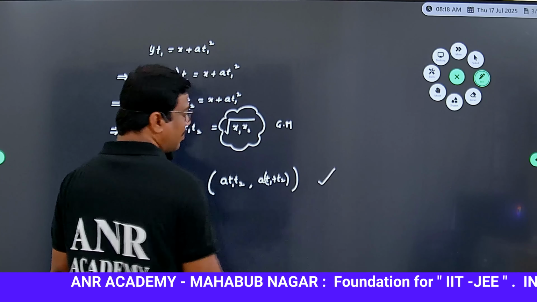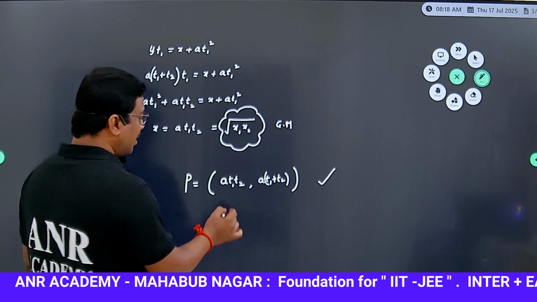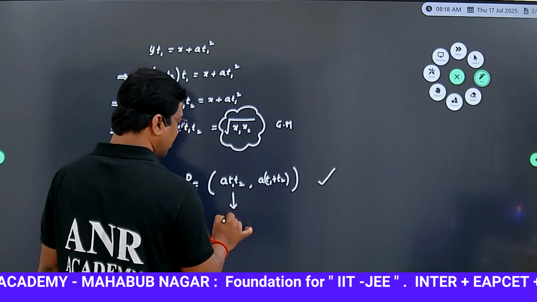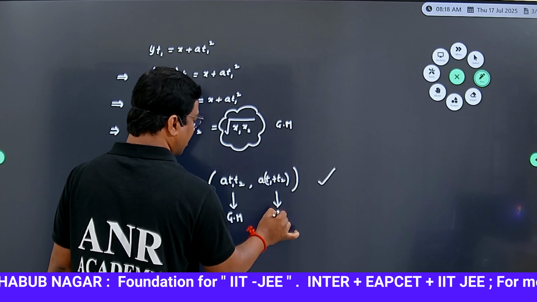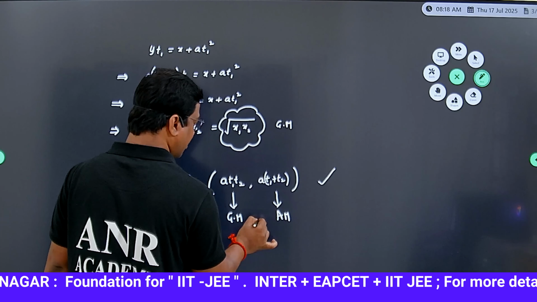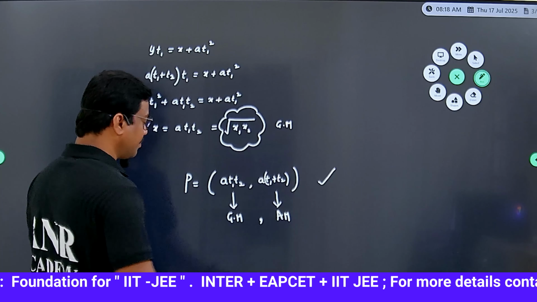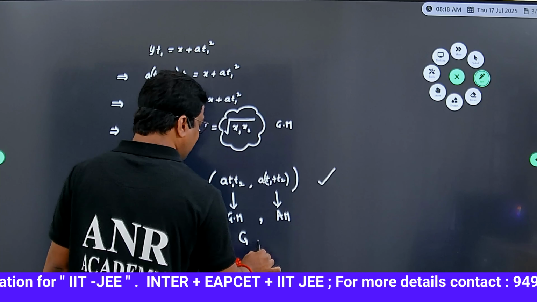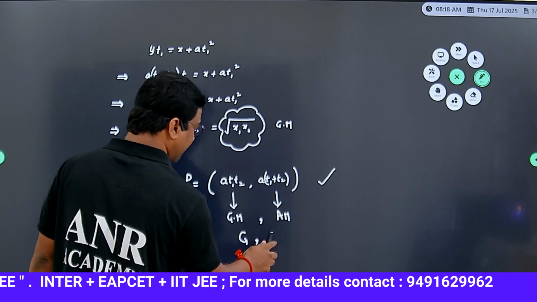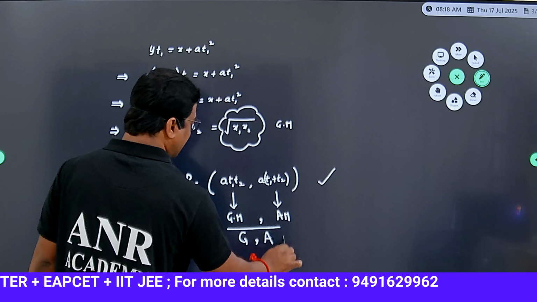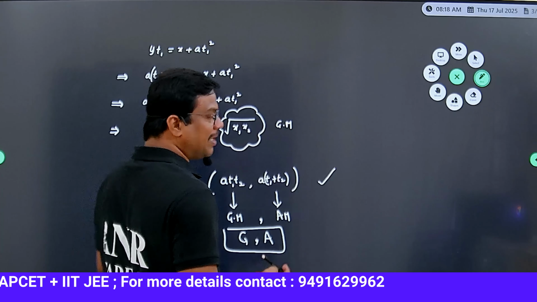This is about the point of intersection, and here it is geometric mean, and this is arithmetic mean. Here you have comma. So G comma, sorry, A. So you can easily remember the point of intersection.